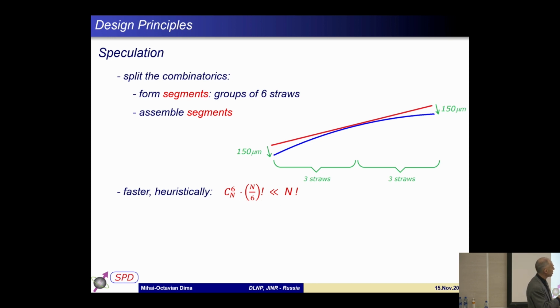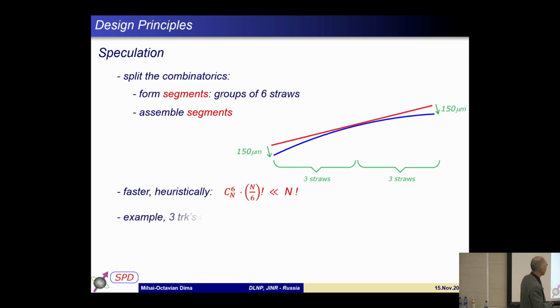In reality, it's much less than this because each segment points to the next segment, so you don't take all combinations with all combinations. You just look in a cone: the segment points to a cone, and within that cone you find the next segment, and so on. It's much faster than this. But anyway, if you would just loop over all hits and take all combinations, you would have n factorial.